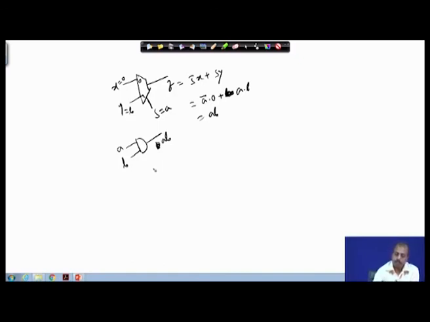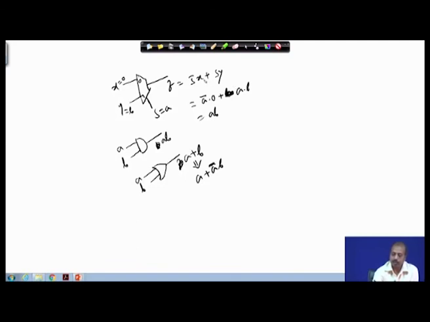Can I get an OR gate? For getting the OR function, what I need is A and B, and this F should be A or B. This A or B can also be written as A or A bar B. We have seen that these two expressions are equivalent, A plus B and A plus A bar B. So, what do we do in this case?